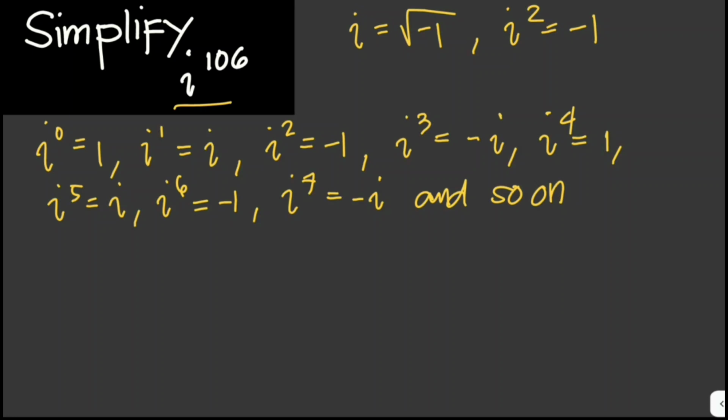Have you noticed that the results start repeating after i to the 4th, a pattern that continues every 4 terms forever? So we can use this pattern to figure out i raised to any power.